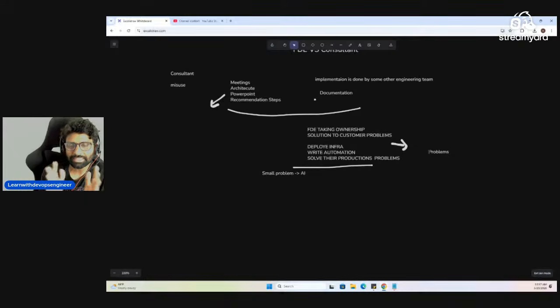And this FDE would take the ownership here. As I said, he is going to drive your product problems and also solutions. If something goes wrong, this particular FDE comes and fixes that. Of course, without production problems there is no system at all. Production problems, the FDE should fix and will fix.